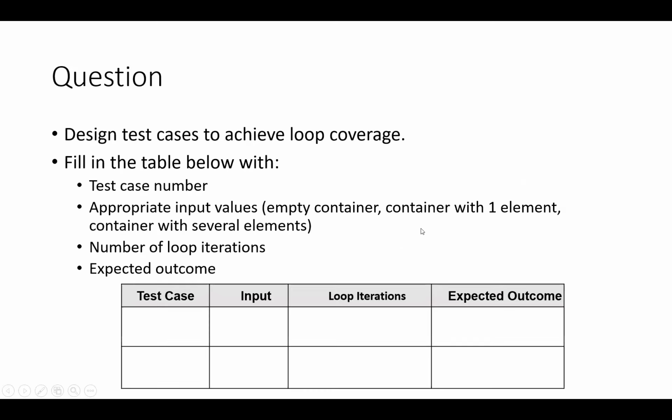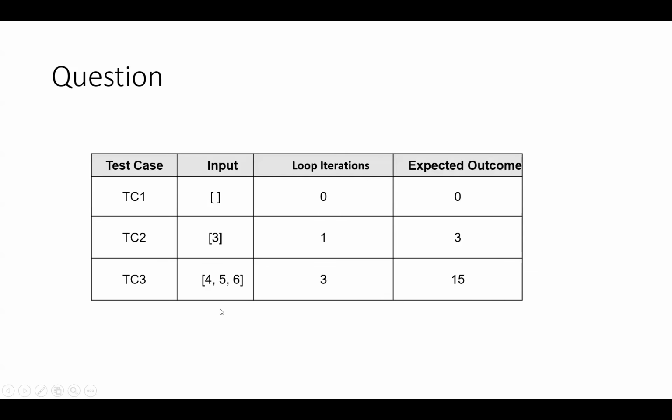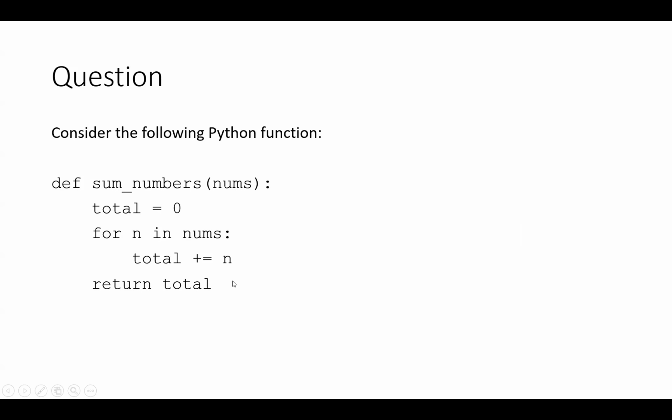And then finally, you want to have a container with more than 1 element, right? So I just randomly chose 3 numbers here, 4, 5, 6. In this case, the loop is going to be iterated 3 times, right? So you're going to have 4, 5, 6. So the first time, 4 is going to go in, right? So it's going to be 0 plus 4.